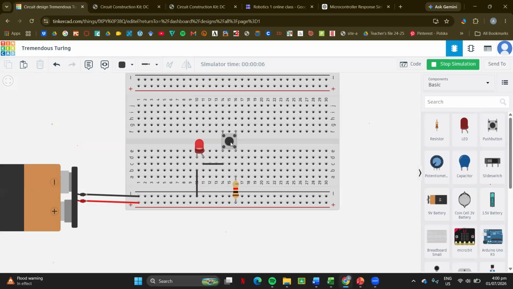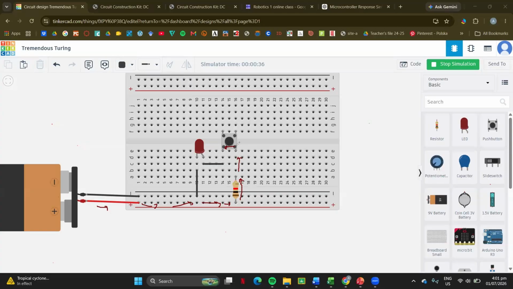Oh, by the way, I forgot to trace the current. So how is this happening? So the current is like this. Should I use arrows instead? Okay, across the positive power rail, up. These are connected with each other, right? And then if you press the button, you close the circuit.